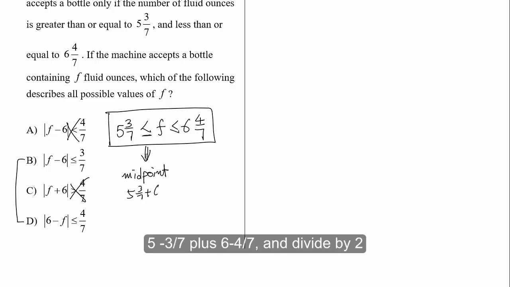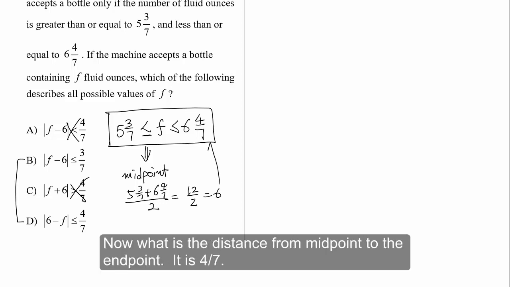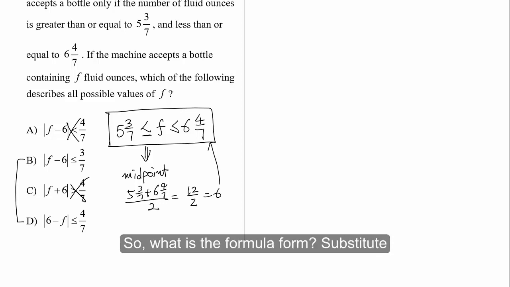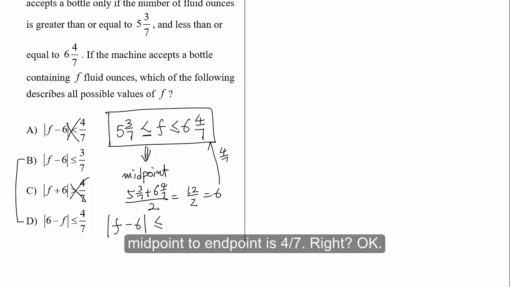So 5 3/7 plus 6 4/7 divided by 2 is 12 divided by 2 is 6. That's the midpoint. Now what is the distance from the midpoint to the endpoint? It is 4/7, right? So what is the formula form? Substitute f minus 6 is less than or equal to the distance, midpoint to the endpoint, 4/7, right?